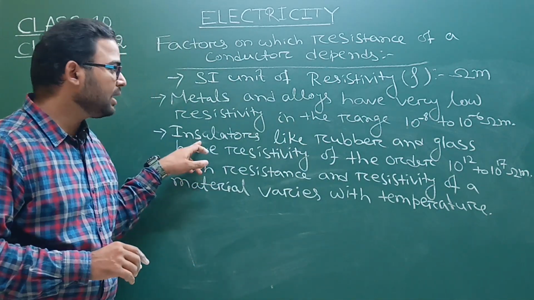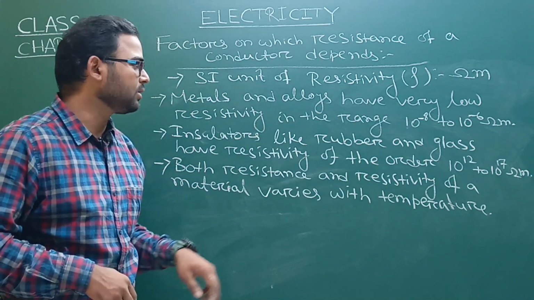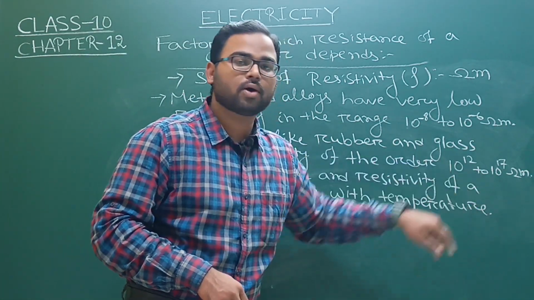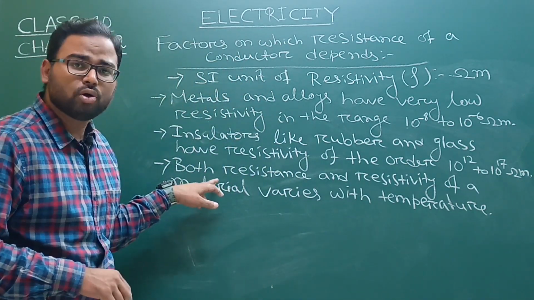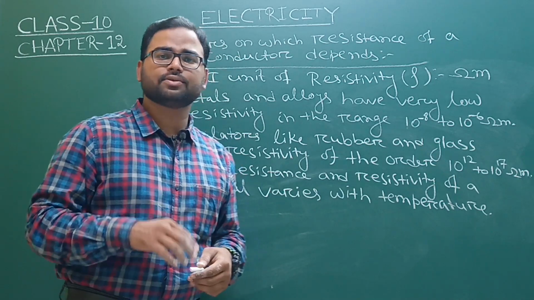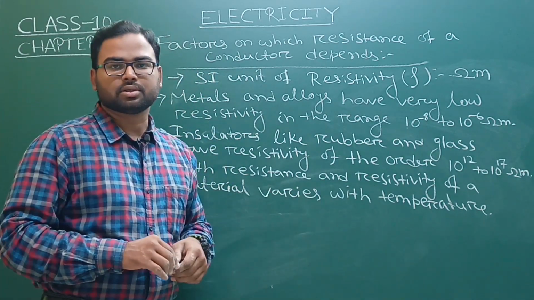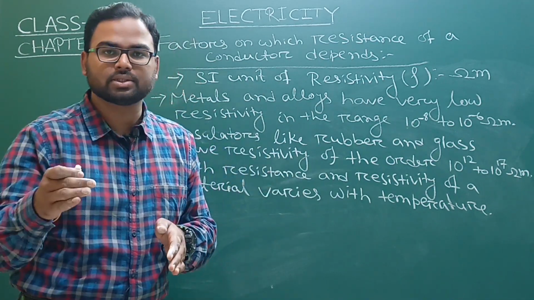For insulators like rubber and glass, the resistivity is very high, in the order of 10 to the power 12 to 10 to the power 17 ohm meter. Then both resistance and resistivity of a material vary with temperature.